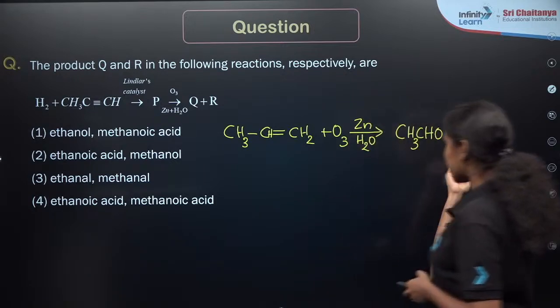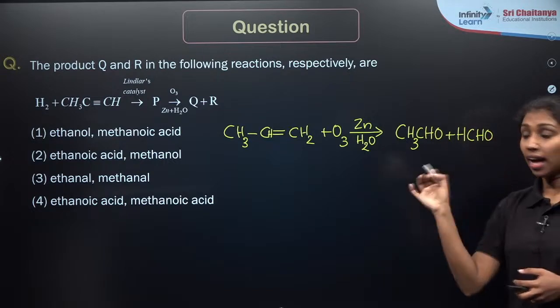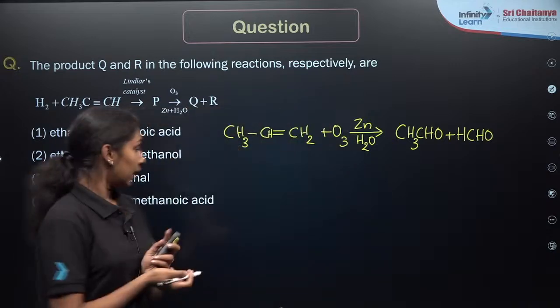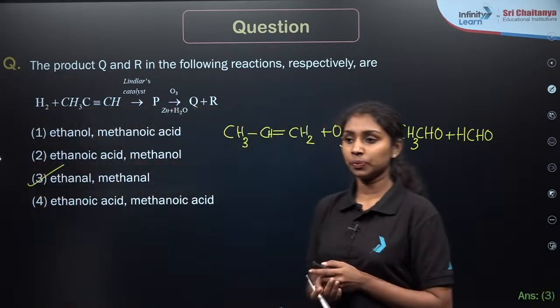Okay, this will be our product, CH3CHO plus HCHO. CH3CHO is known as ethanal and HCHO is known as methanal. So option 3 will be the correct answer. Ethanal and methanal. Clear?